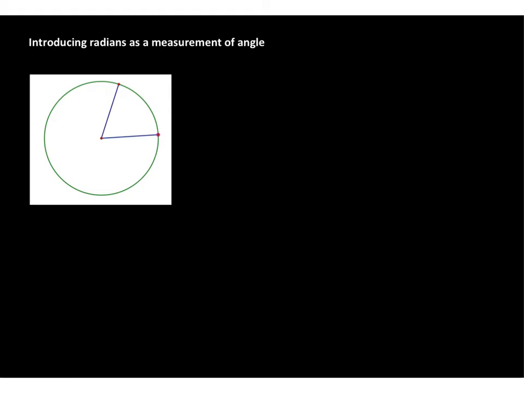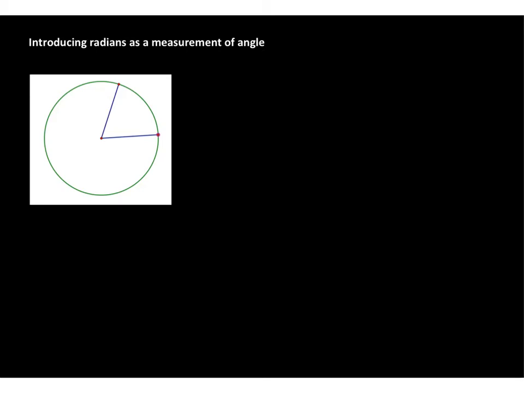But actually, it's a completely arbitrarily chosen number that has nothing to do with the true properties of a circle. So we have to ask ourselves whether, as we learn more advanced maths, 360 degrees is the best unit of angle measurement.